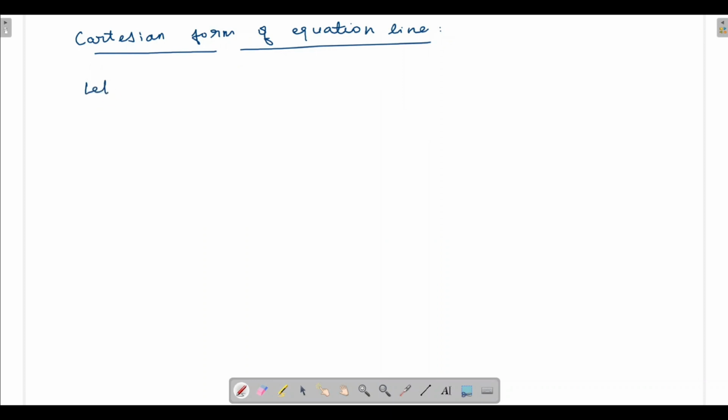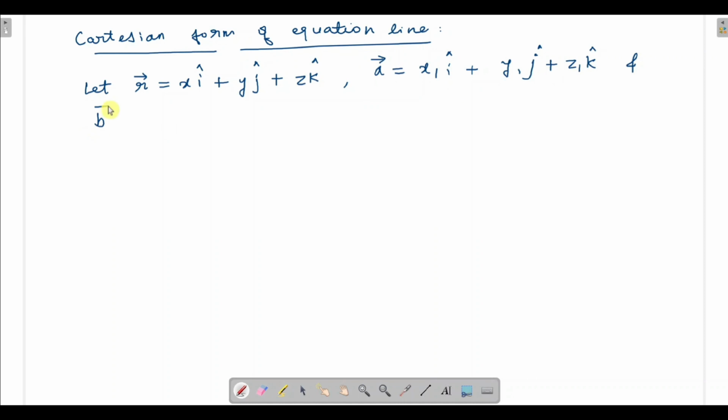Let r bar be equal to x i cap plus y j cap plus z k cap, then a bar be equal to x1 i cap plus y1 j cap plus z1 k cap, and b bar be equal to a i cap plus b j cap plus c k cap.